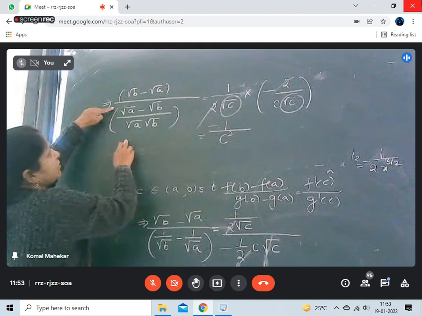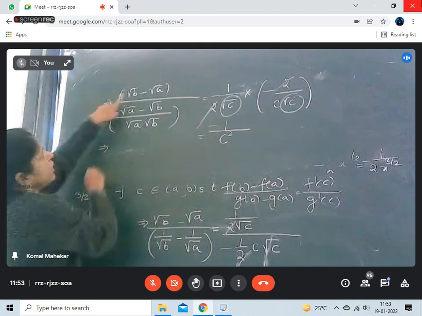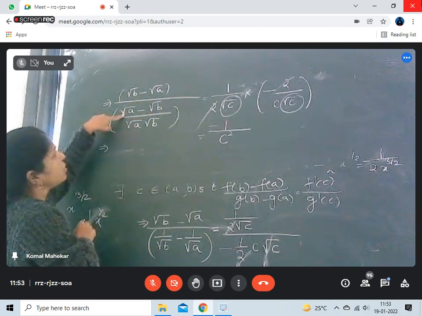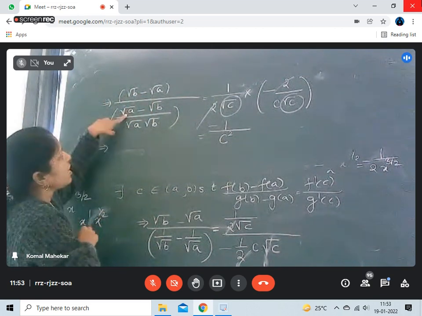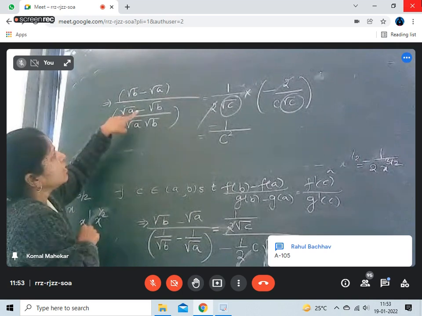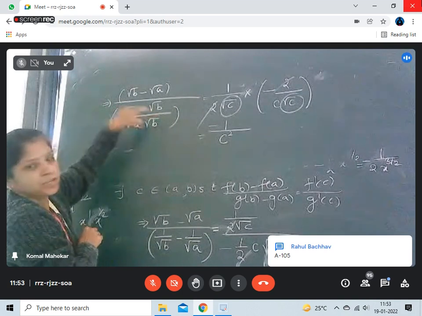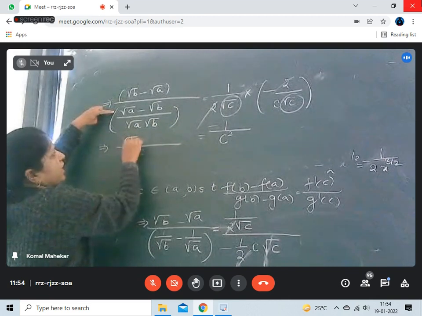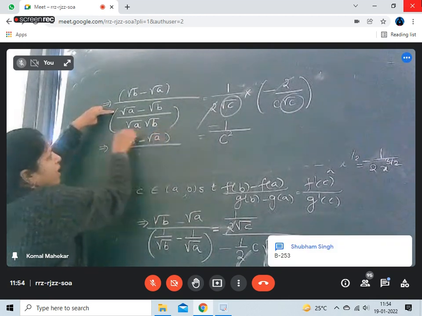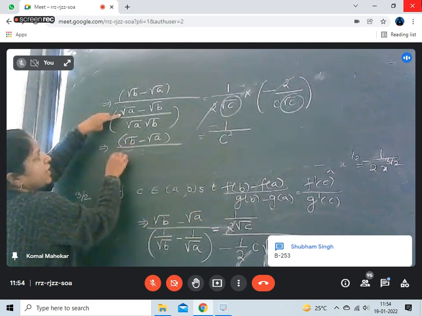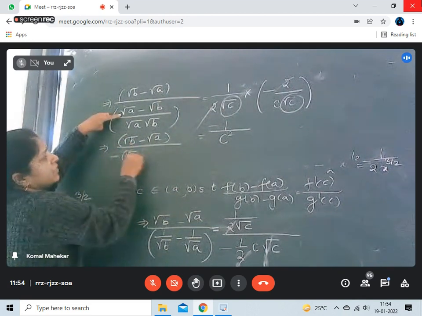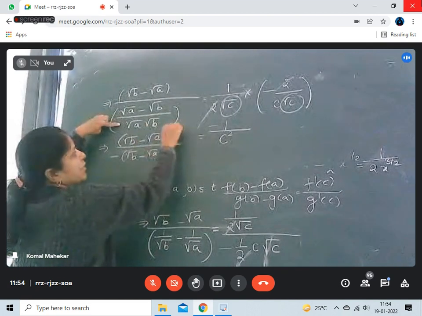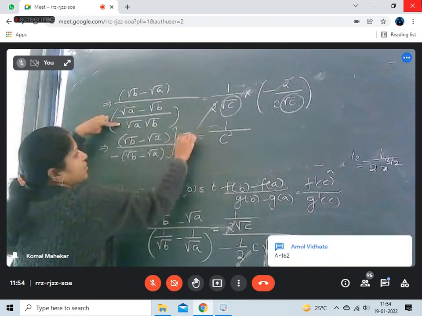Now see here, in denominator it is root b minus root a, and in numerator it is root b minus root a. In denominator it is minus root a minus root b. So from this we can take negative sign common. So if we take denominator as same, and from this if you take negative sign common, in bracket we will get root b minus root a, and divided by this, that is same as multiply by root ab.